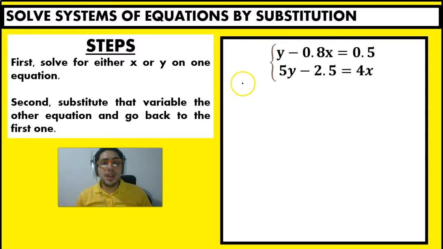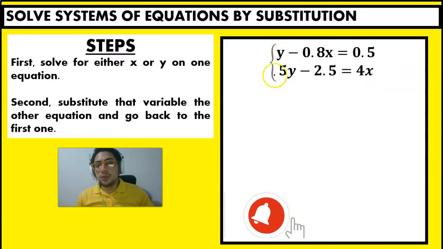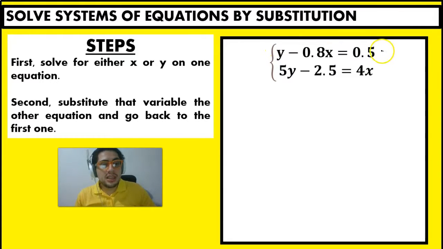And you're going to choose either x or y, one of the variables, to solve the equation. Again, you can choose any of the two equations, either y in the first one or x in the first one, or y in the second one or x in the second one. You choose, right?